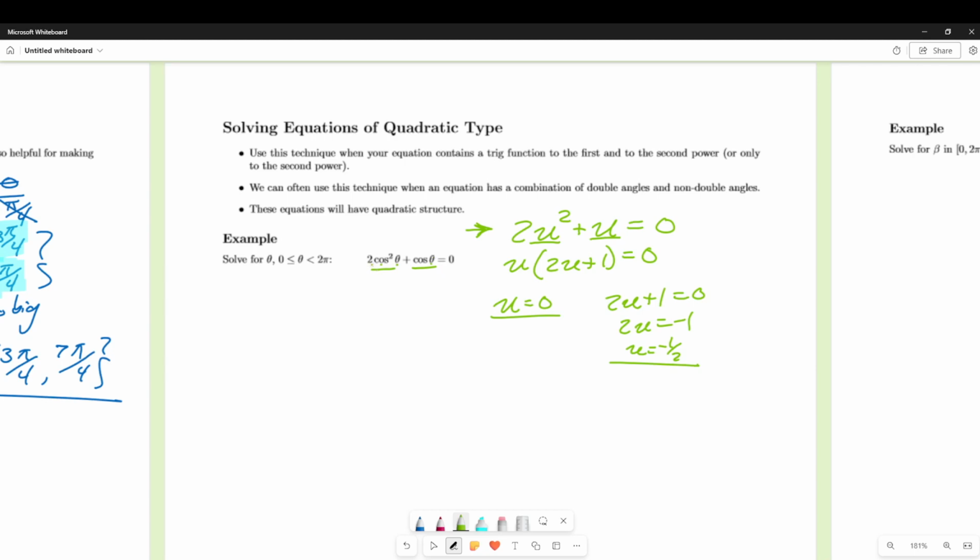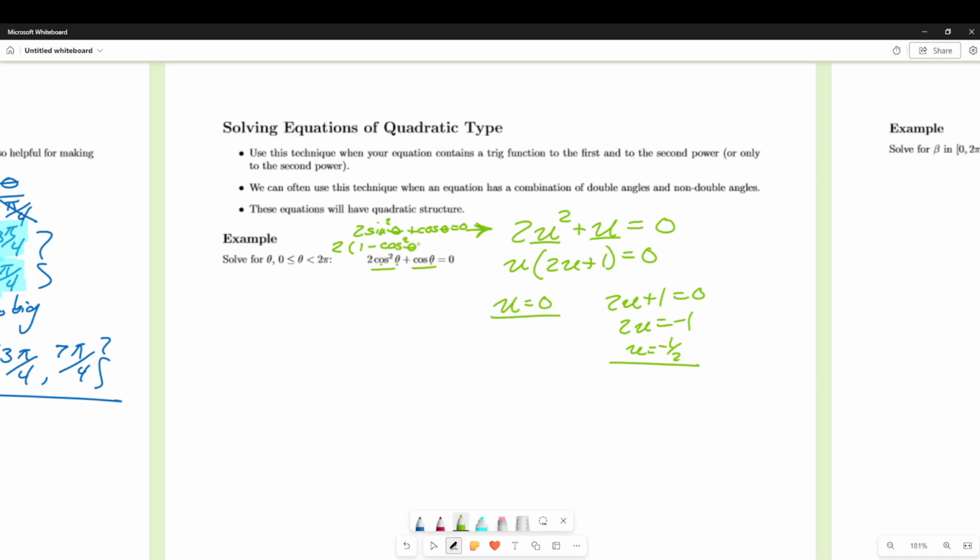And frankly, even if it wasn't cosine squared, if this said 2 sine squared theta plus cosine theta equals 0, we'd be like, well, darn it, wouldn't it be nice if those were both cosine? Well, remember your Pythagorean identity.